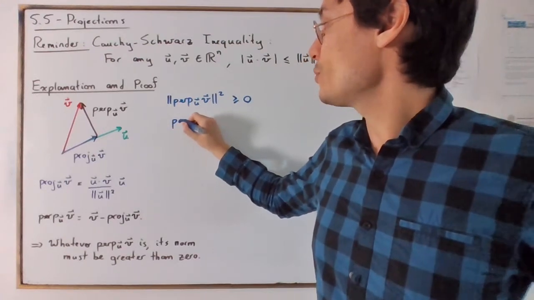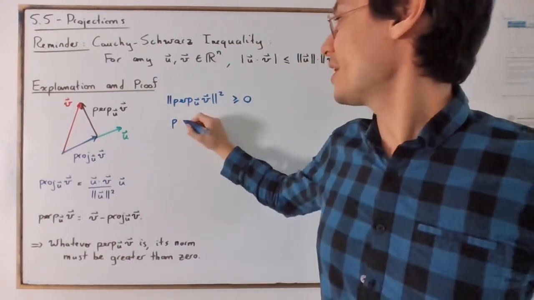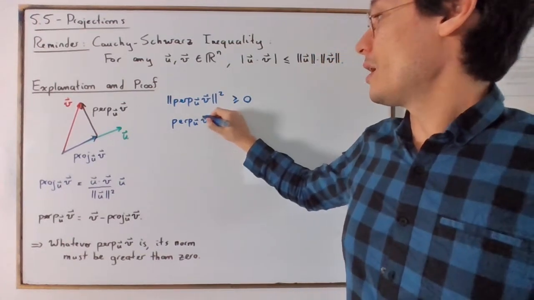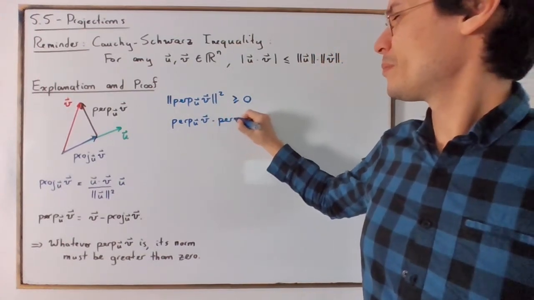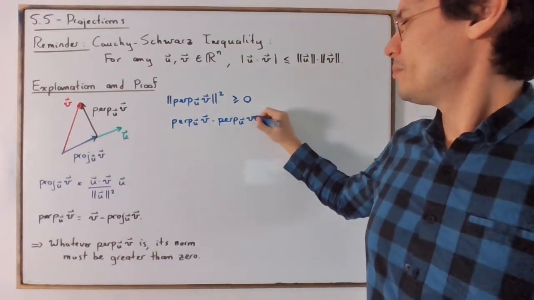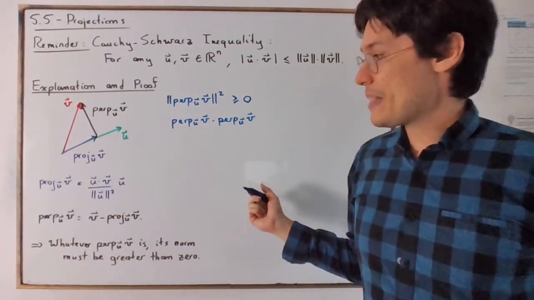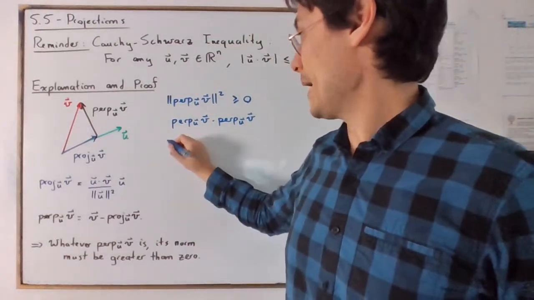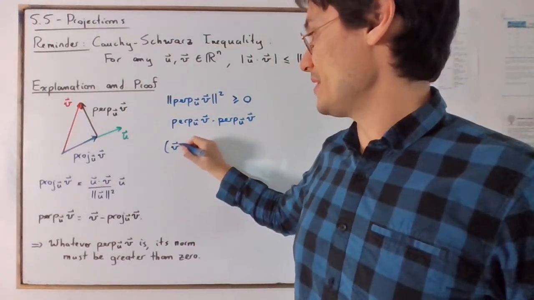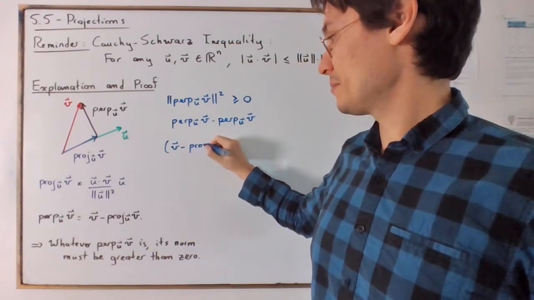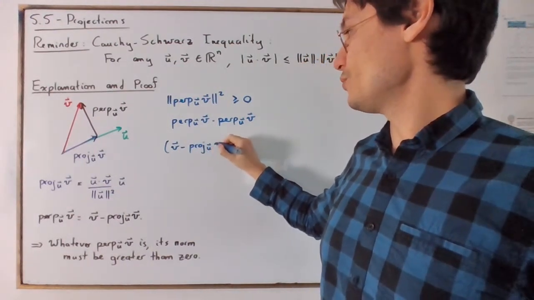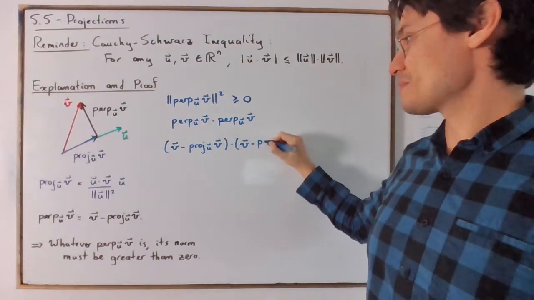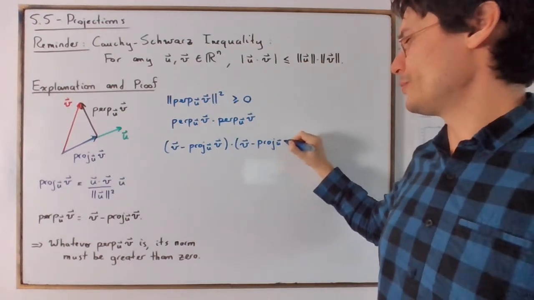So we want the dot product of perp u v with itself. Now let's use this formula: we get v minus projection u v, dot v minus projection u v.